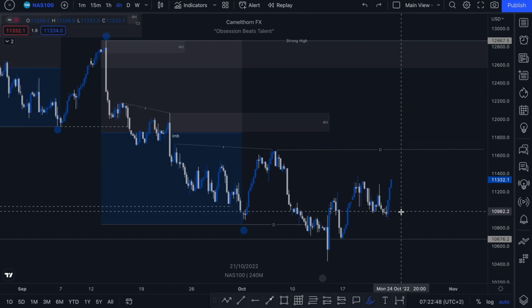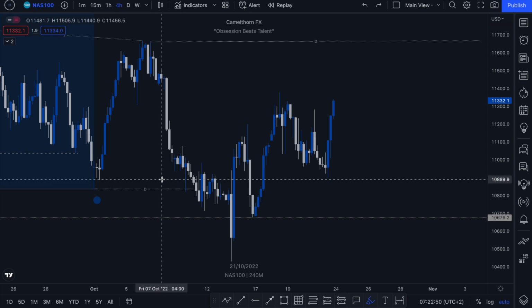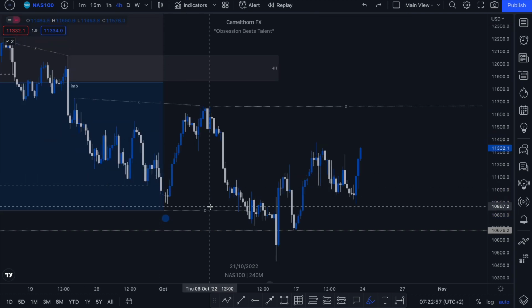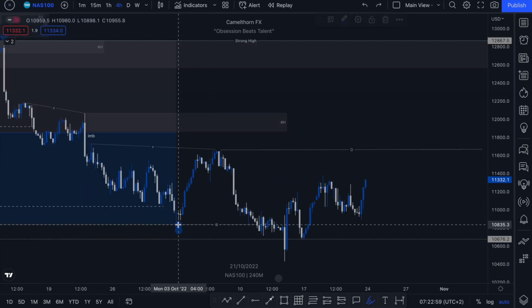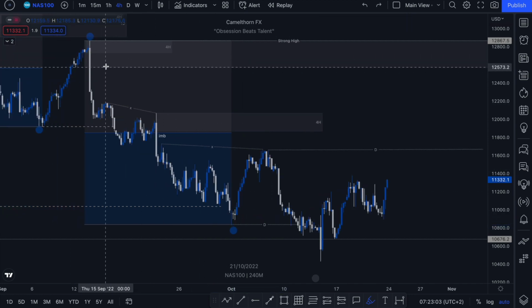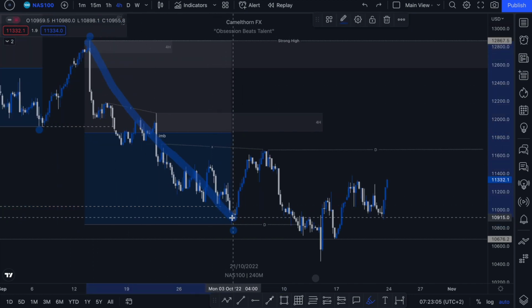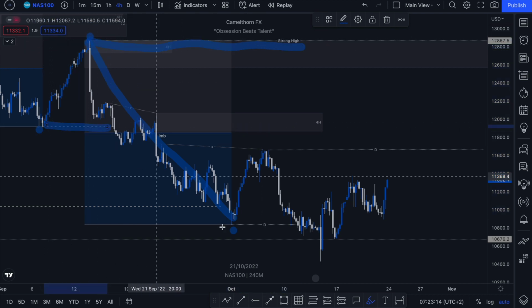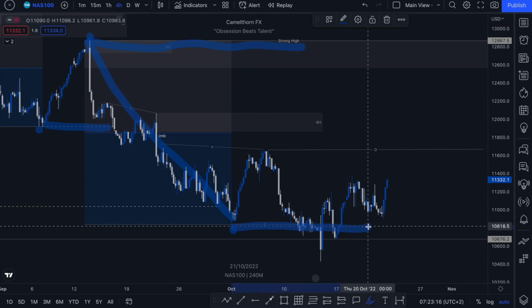Now notice how our daily change of character in here, the break to the downside, could be regarded as a break of structure to this particular 4-hour leg. So if this is my 4-hour leg to the downside, I have my strong high in here, I have my break of structure in here, and then this would have been my weak low.